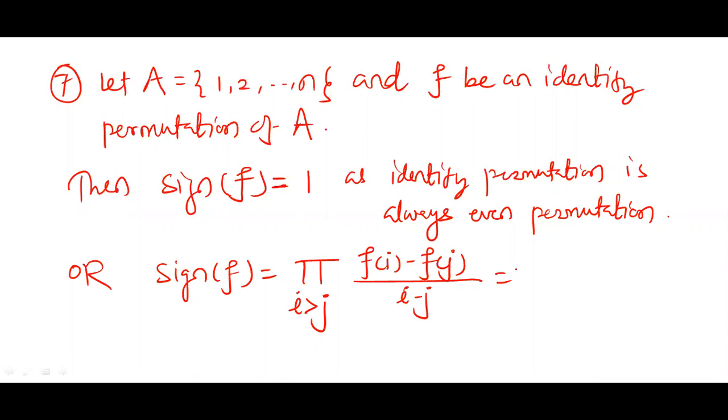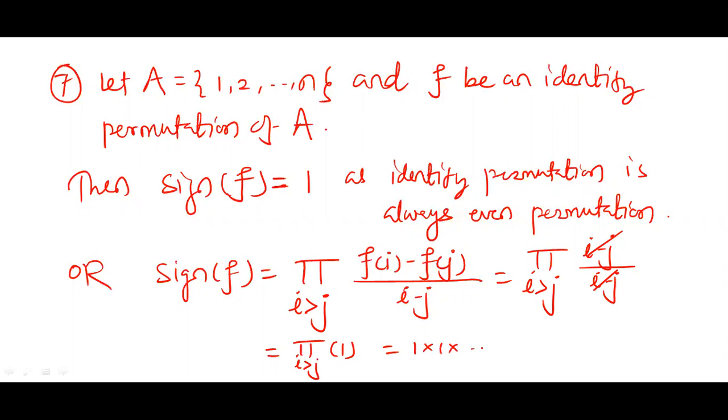Since f is the identity permutation, f(i) maps to i, f(j) maps to j, so it will be (i minus j) divided by (i minus j), because f(i) is i, f(j) is j, so these two terms will cancel and we'll get the product over all i greater than j of 1, it means it is a product of 1, 1, 1, so it is equal to 1.